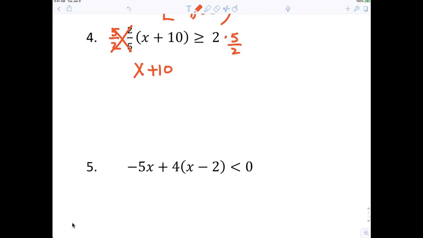X plus 10 greater than or equal to, what is it? 5 times 5. Thank you very much. Because what happens? The 2's cancel. Now we subtract 10. X greater than or equal to -5. Thank you. So I'm at -5, heading out to infinity.